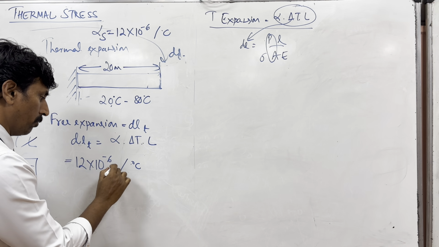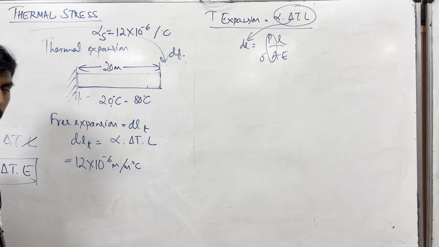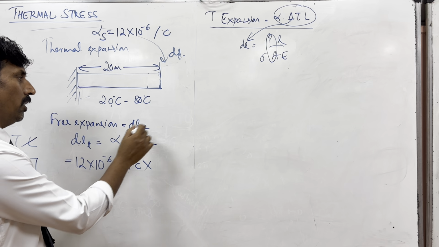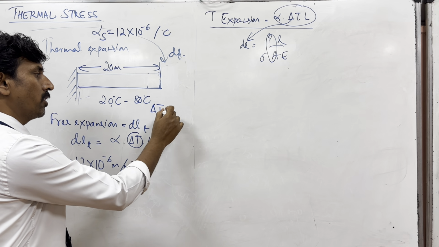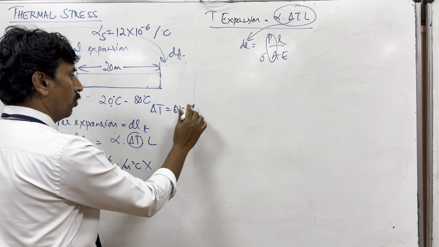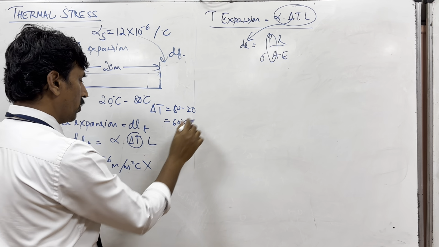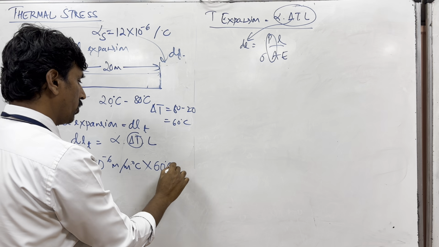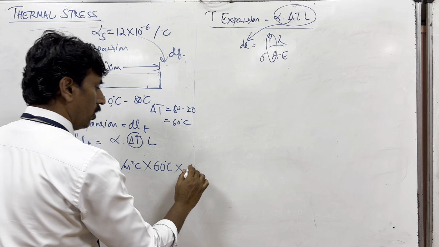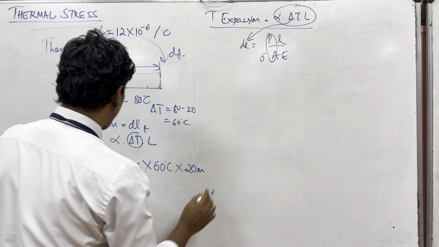You can put meter per meter degree centigrade or millimeter per millimeter degree centigrade, any way you want. And what is delta T? The increase in temperature is 80 minus 20, which is 60 degrees centigrade, multiplied by the length, which is 20 meters.